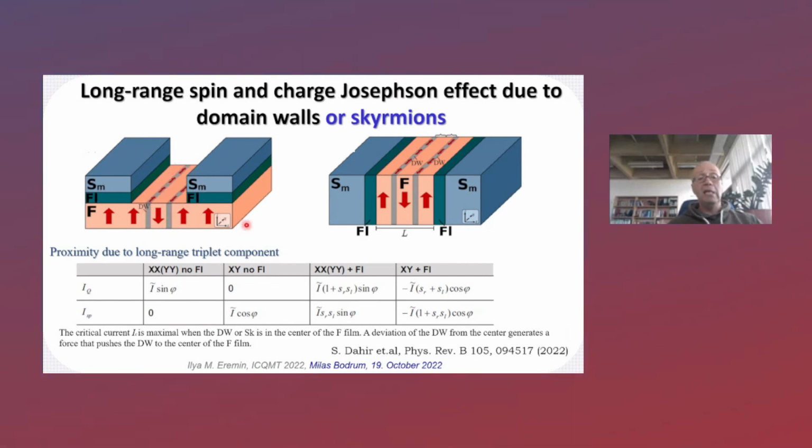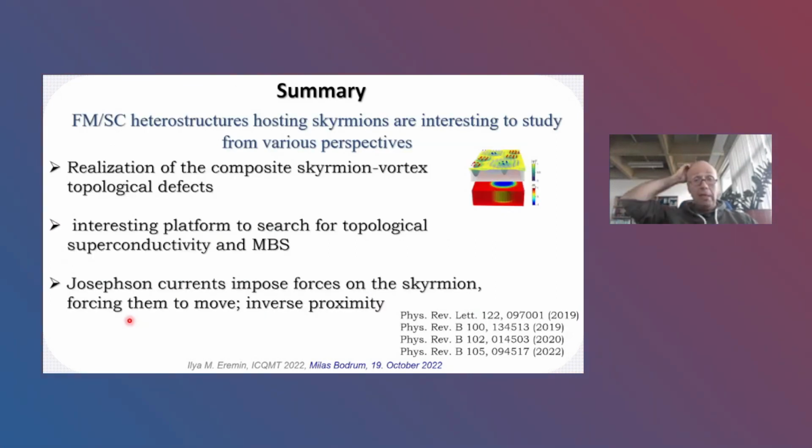You can see how the long-range triplet component is modified, and this is something that we have looked at; the paper has been published this year. Depending on the type of filtering, you can get additional contributions, which you can either enhance or suppress, depending on whether you are looking at the charge current or the spin current. Okay, I think my time is up, and let me now summarize.